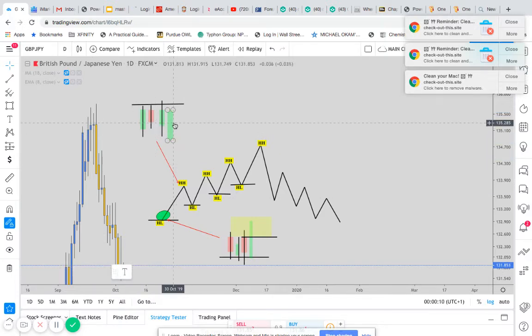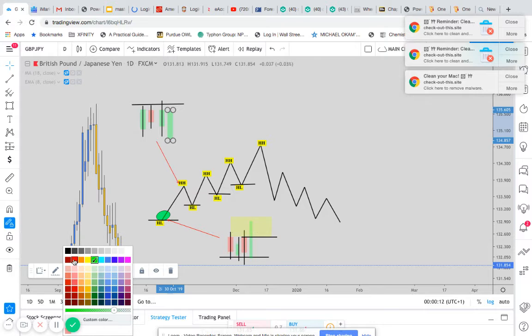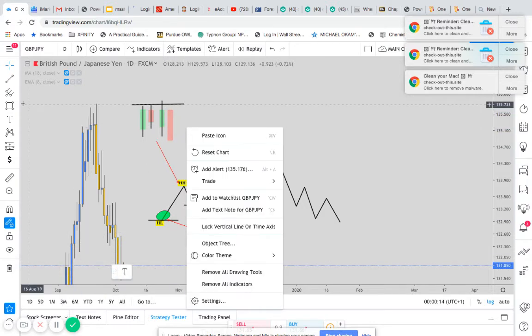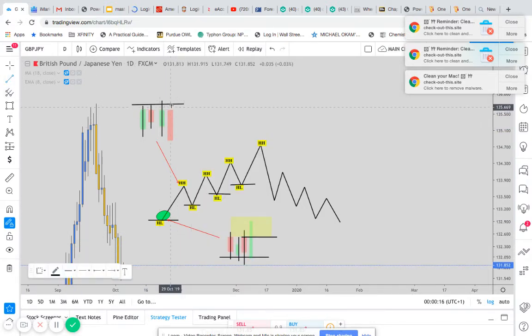A bearish engulfing indicates that it's enough sellers in the market to push this market down. It says it's enough right here. This little section says there's enough sellers to push this market down, and you'll be selling to a high low.